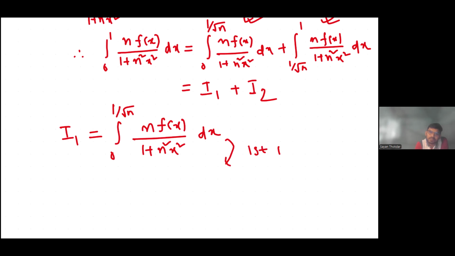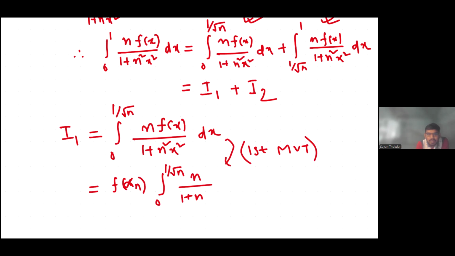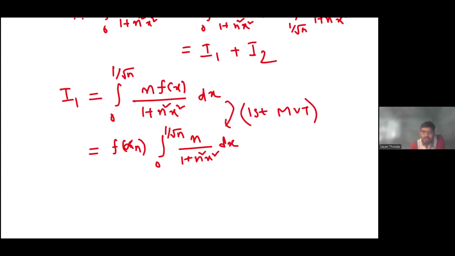By the first mean value theorem, you can see that this is f of alpha n times the integral from 0 to 1 by square root of n of n upon 1 plus n square x square dx, where alpha n is less than or equal to 1 by square root of n and greater than or equal to 0.